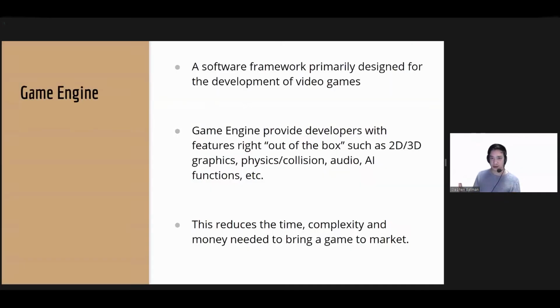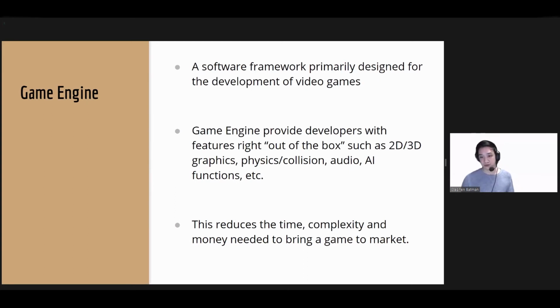So I've talked a lot about game engines, but what exactly is a game engine? For those of you who are software developers or potential software developers out there, you can think of a game engine as a game IDE. Actually, a lot of people quote it as a game IDE. Basically, it's a software framework that's primarily designed for the development of video games.